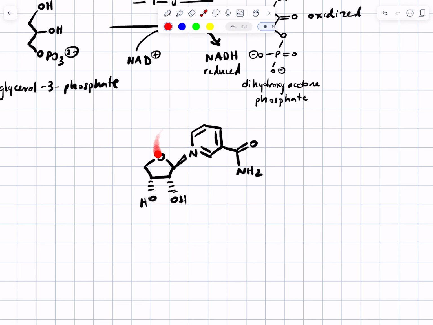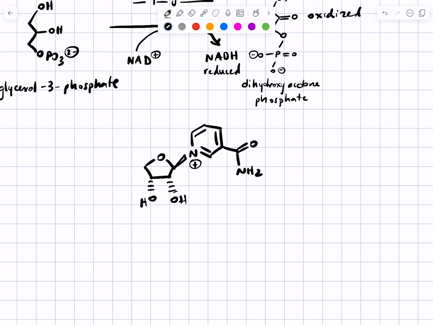So the N-glycoside in NAD+ is this pyridinium ring, a positively charged nitrogen in a benzene ring. There's an amide bond at this sort of meta position relative to the nitrogen.